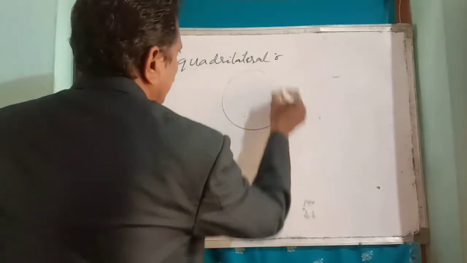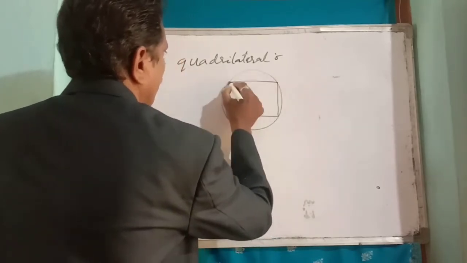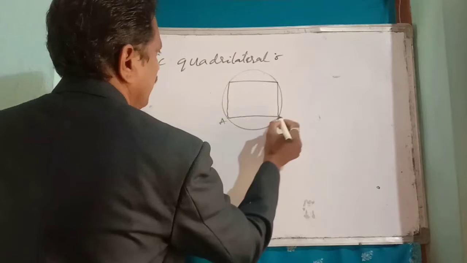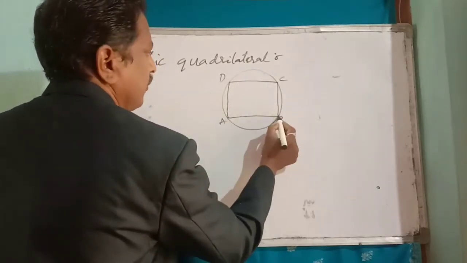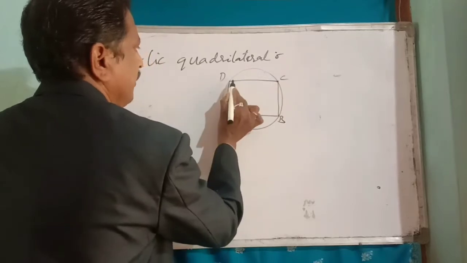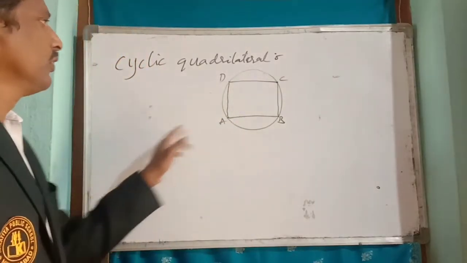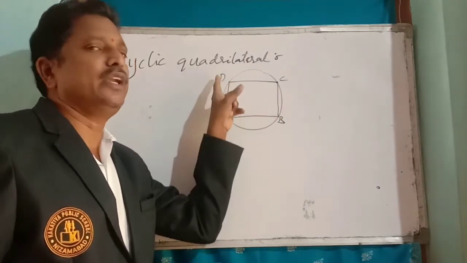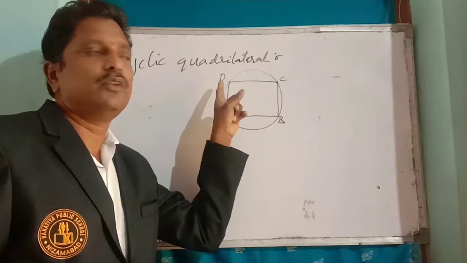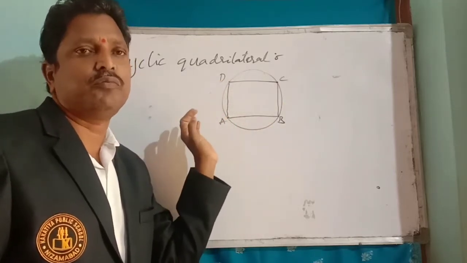See, this is there. Here A, B, C, D are the 4 vertices of a quadrilateral. The 4 vertices A, B, C, D lie on the same circle. Therefore, ABCD is called a cyclic quadrilateral.